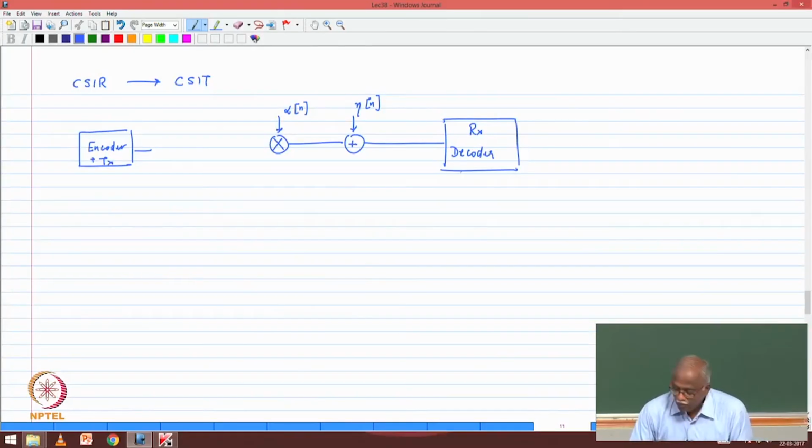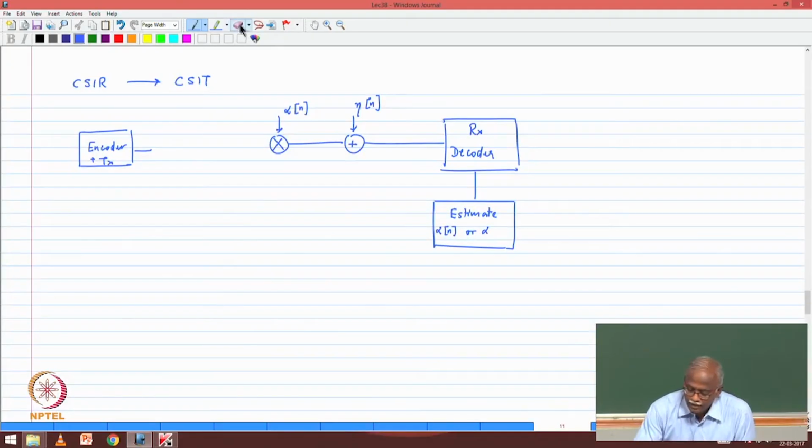Now one of the things that we have to do is estimate either alpha of n or gamma of n. Okay, both are essentially the same information, because gamma of n is equal to alpha of n squared times the average SNR, or Es by N0.